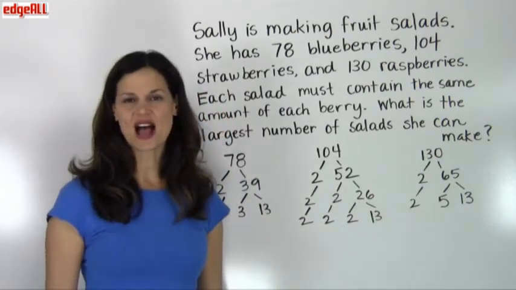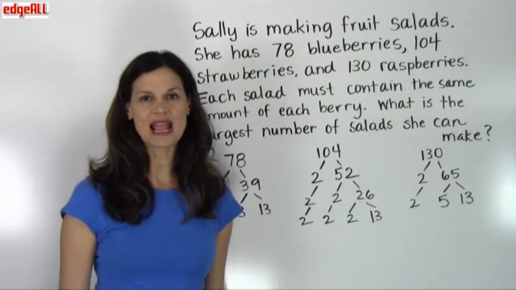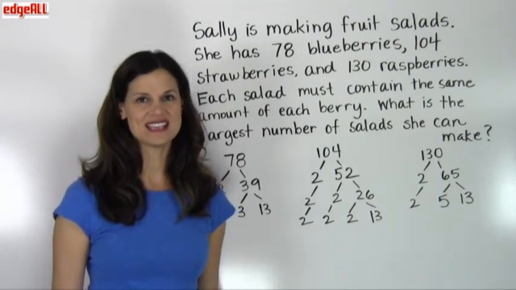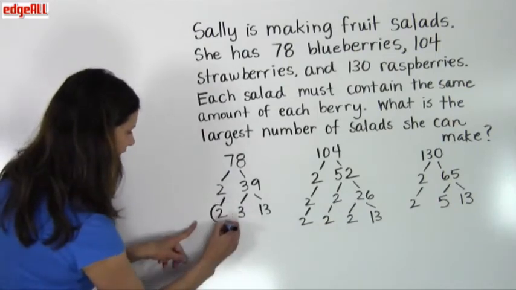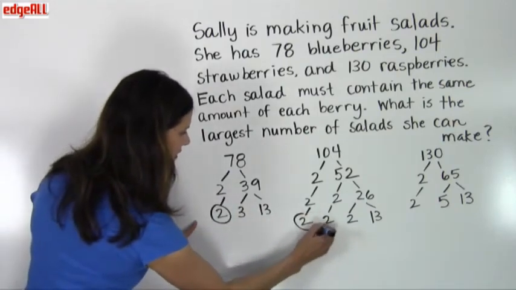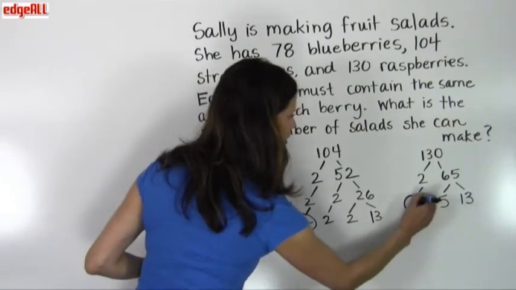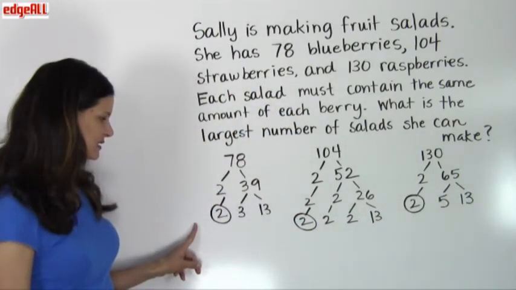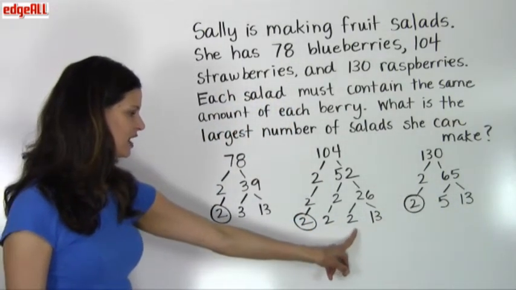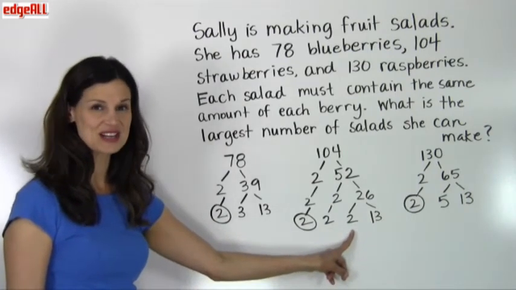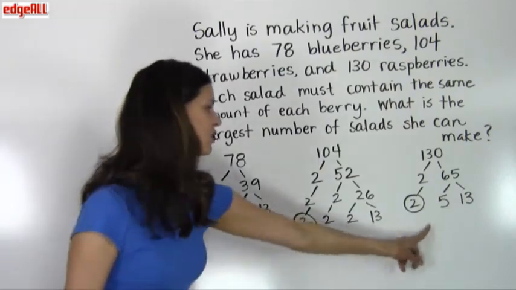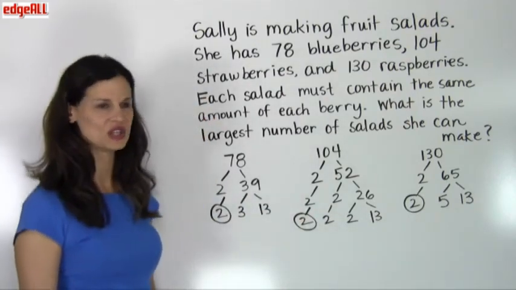Now our next job is to find which prime factors these three numbers have in common. So I can see that all three of them have a 2. So I'm going to go ahead and circle the 2 in each of these. Now this one here, 104, has 2 more 2's in its prime factorization, but these two don't, so we can't circle any more 2's.